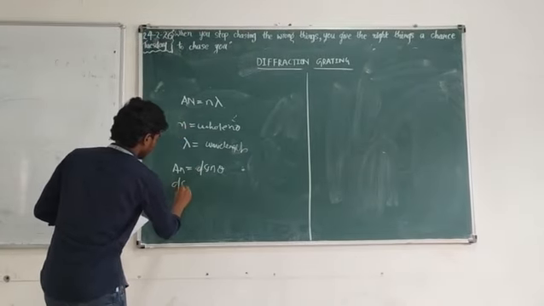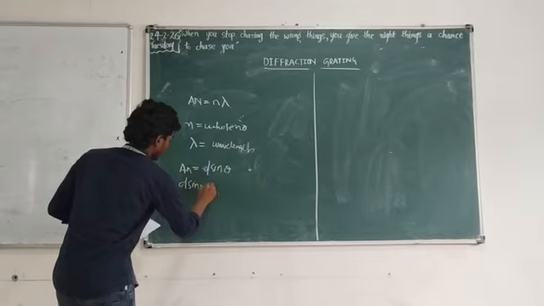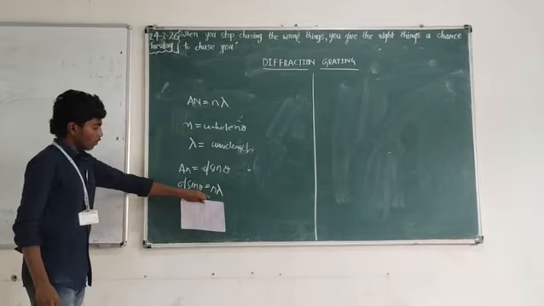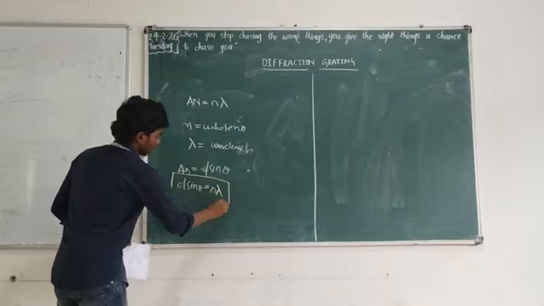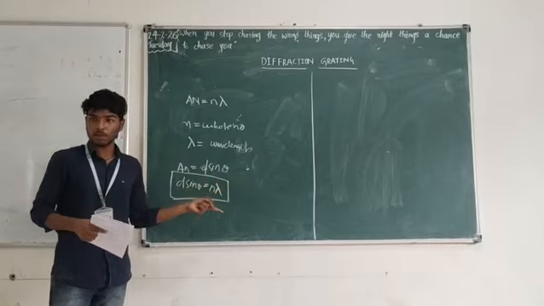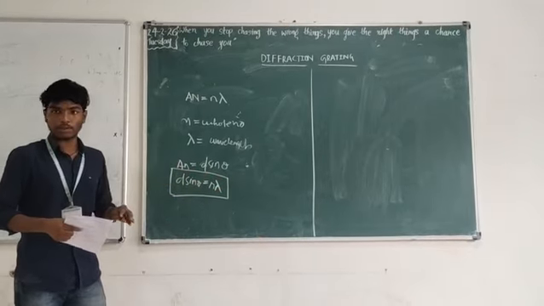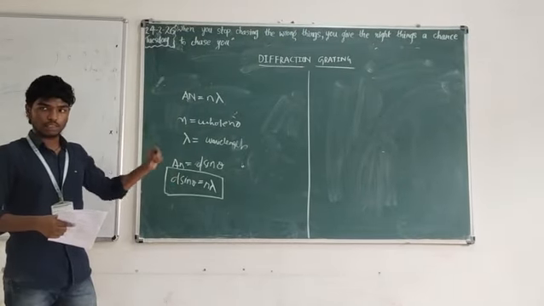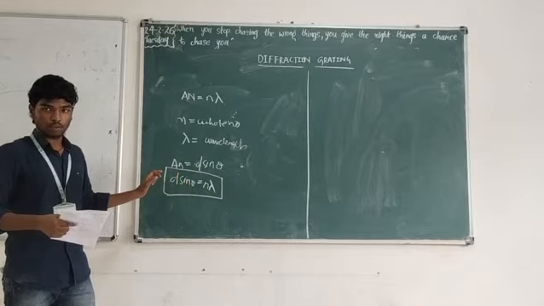So d sine theta equals n lambda. If an examination asks for the value of lambda, or the value of d, the distance between the slits, we can easily calculate it by this formula.